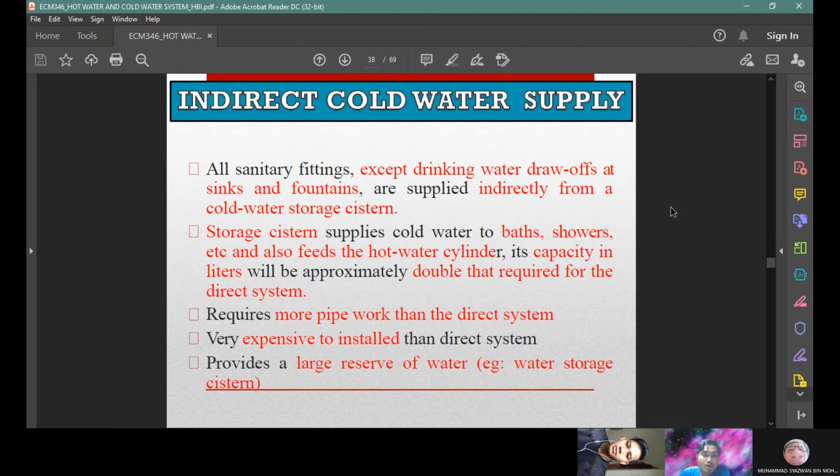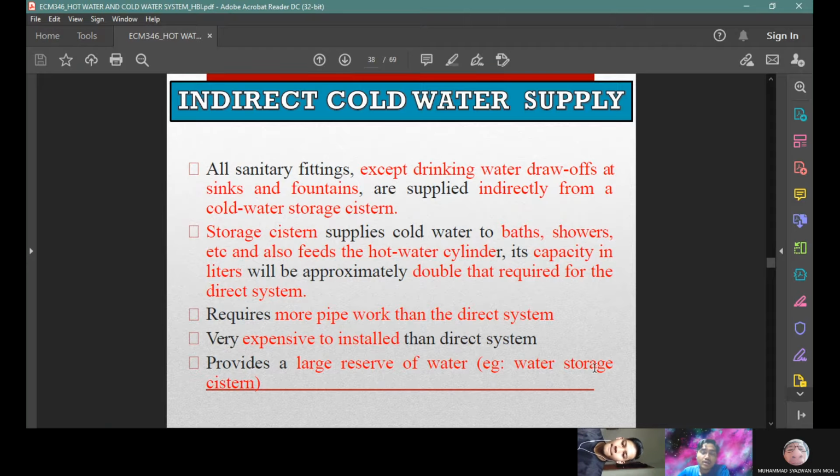With an indirect cold water system, there is always a temporary backup of stored water in the event of a main failure. Also, because it is a low pressure system, it is generally quieter, therefore eliminating noise like water hammer, which can occur when high pressure water tries to negotiate a tight bend in the pipework.